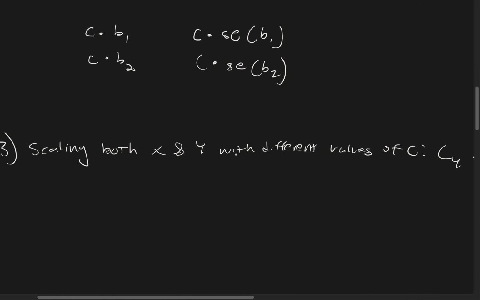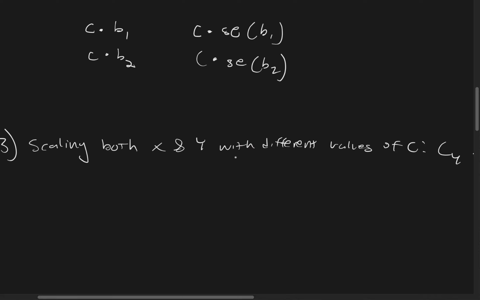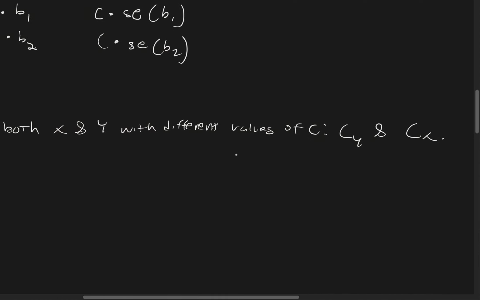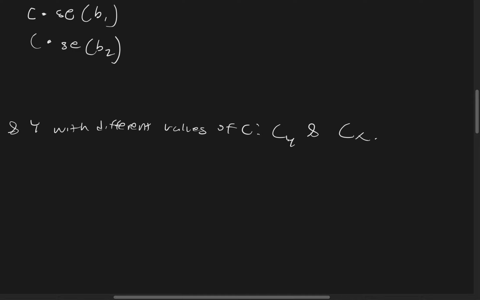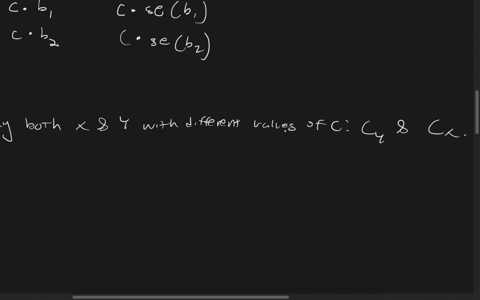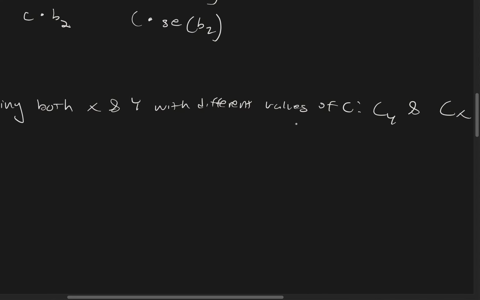All right, example 3. Let's say we scale x and y with different values of c. So we'll denote cy and cx because we have to keep in mind that they're different values. Obviously, we can just use two different letters, but for the sake of simplicity in my notes, I'll write cy, cx.